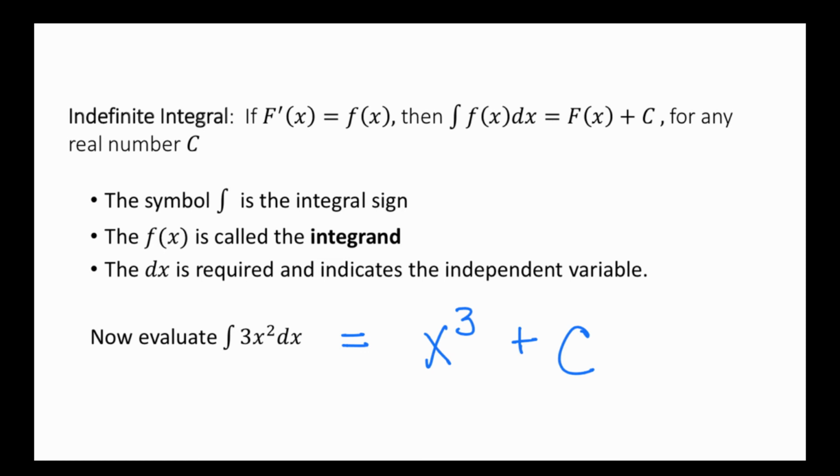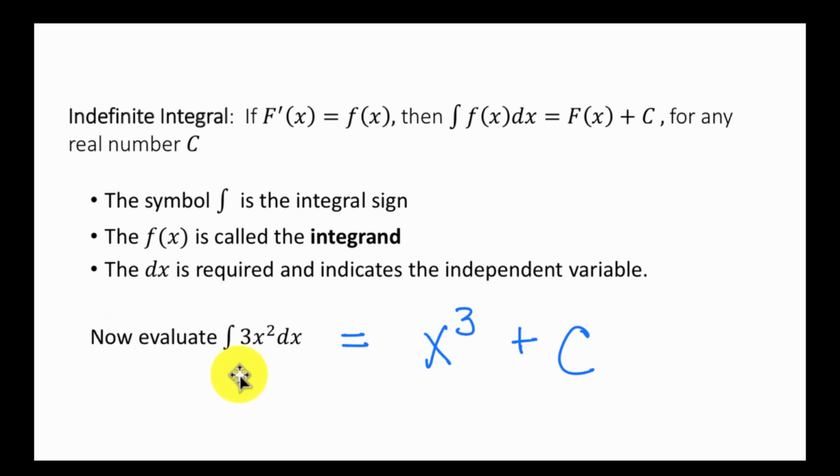And that's where this plus c comes in. So now when I switch from saying antiderivative to integral, the process is going to be the same, but you always need to add this plus c. And it's basically saying that there is more than one option of a function where the derivative, in this case what we're looking at, is 3x squared.